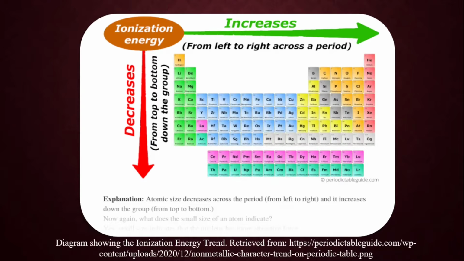The general trend is for ionization energy to decrease moving from top to bottom down a periodic table group. Moving down a group, a valence shell is added. The outermost electrons are farther from the positively charged nucleus, so they are easier to remove. This is basically shown in this picture here. I'll now hand you over to my colleague, Purnima.